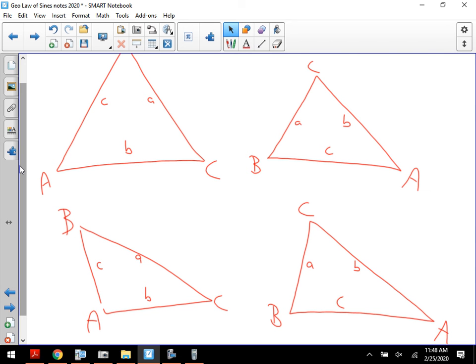So what's your opposite? What other side do you do?